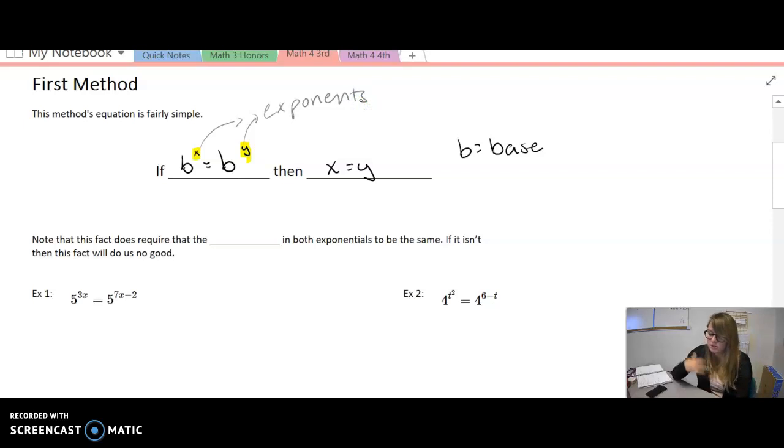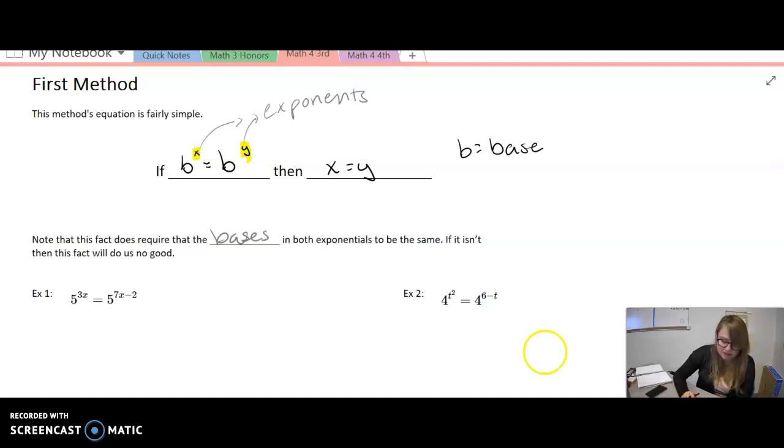Okay? So when the bases are the same, the exponents can be set equal to each other, and we can solve. Note that this fact does require that the bases in both exponentials be the same. If it isn't, then this fact will do us no good.